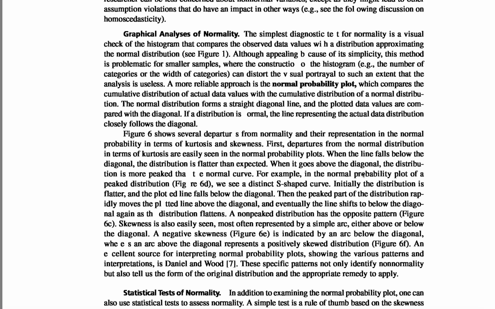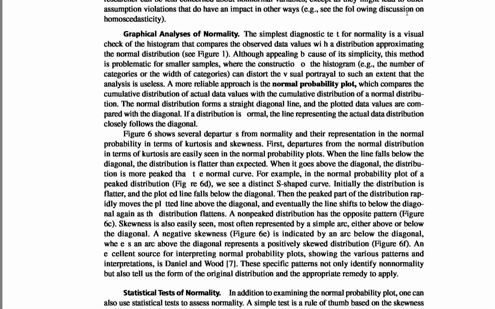Initially, the distribution is flatter and the plot line falls below the diagonal. Then the peaked part of the distribution moves the line above the diagonal, and eventually the line shifts below the diagonal again as the distribution flattens. A non-peaked distribution has the opposite pattern.